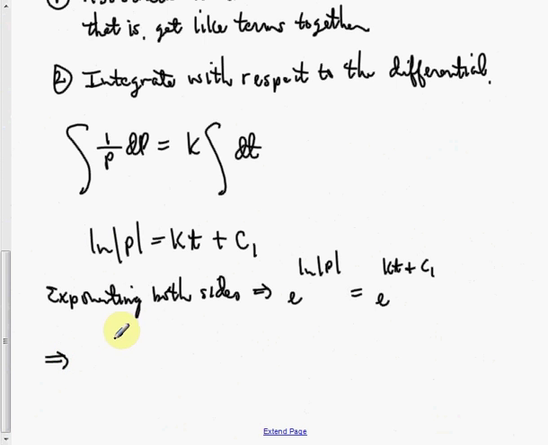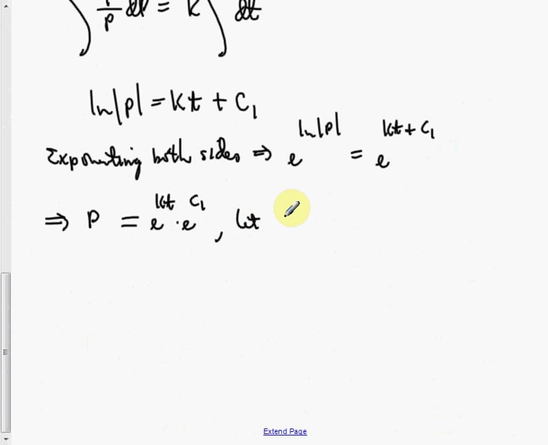This is equal to, since e and the natural log are inverses, we just have here P, taking P to be positive, that is the population. Positive just makes sense anyway. This is equal to e to the kt, according to the property of exponents, times e to the c sub 1.